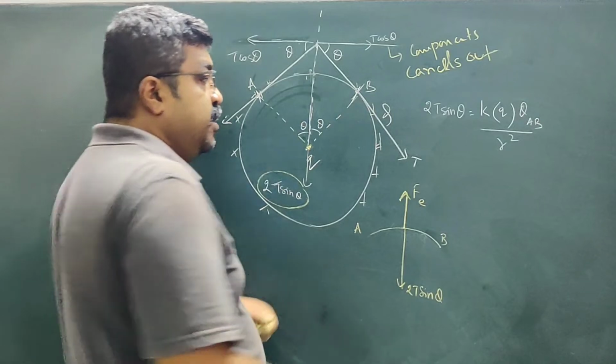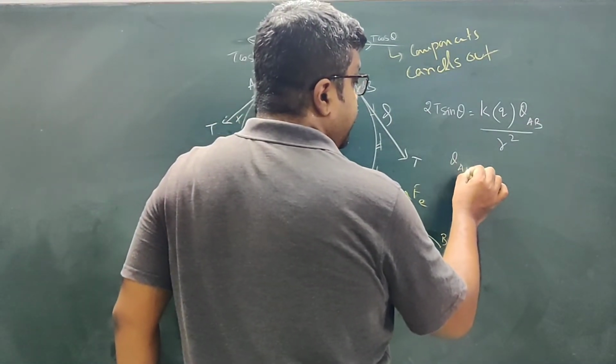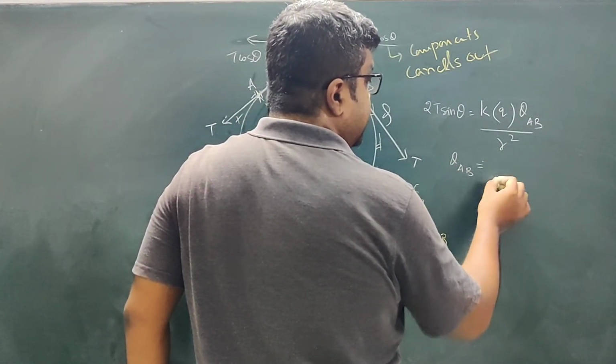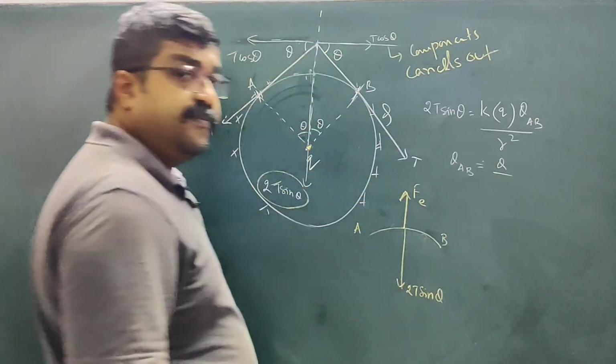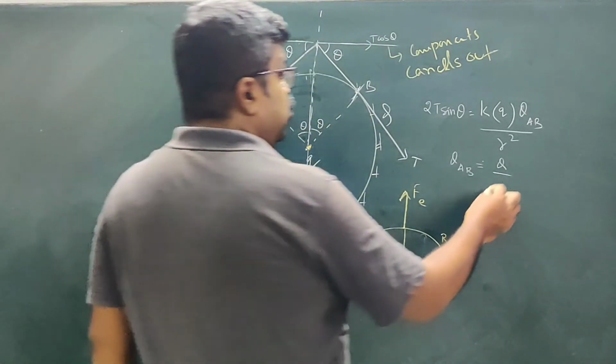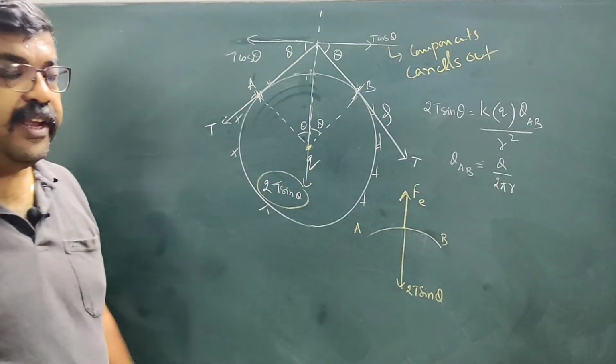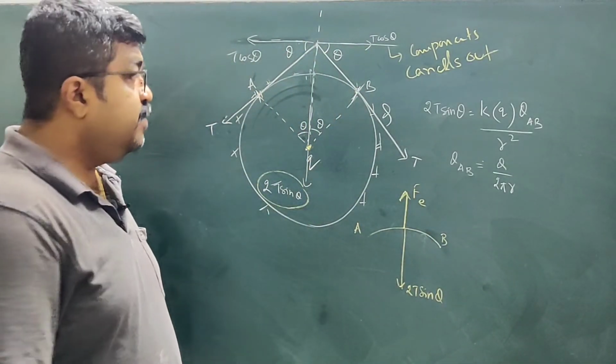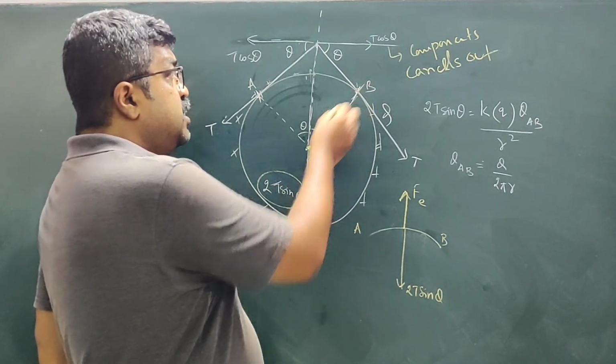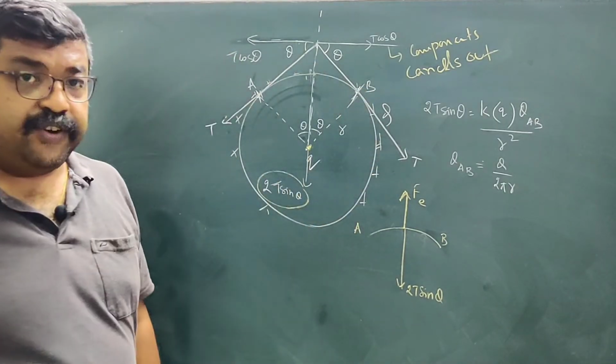Now, what is this QAB? Can I write it like this? Q is the total charge on the ring, and 2πR is the total length of the ring, because R is the radius. Since R is the radius, the length will be 2πR, the circumference.